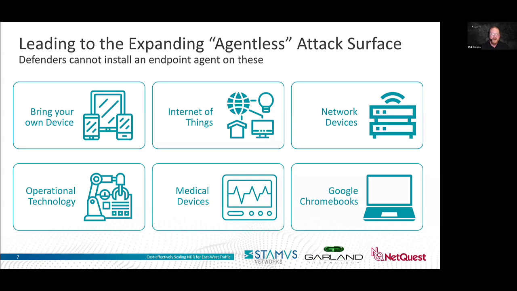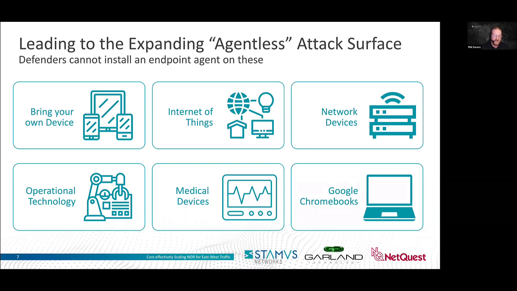We're starting to see a lot of expanding agentless attacks, and really what that means is attacks on machines where you can't put agent software. Again, I mentioned some of these previously with bring your own devices and Internet of Things. So IoT, network devices. In the next slide, I'm going to show you that there's been a lot of focus on network devices, as well as operational technology, and medical devices where things have been hardened and can't be touched.